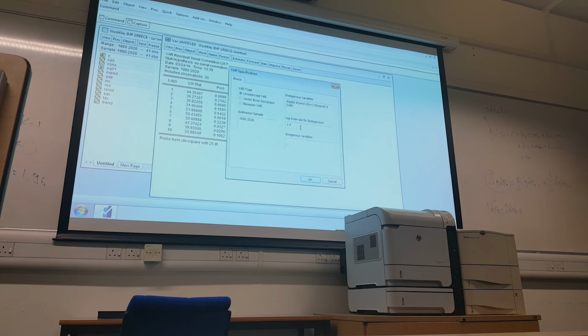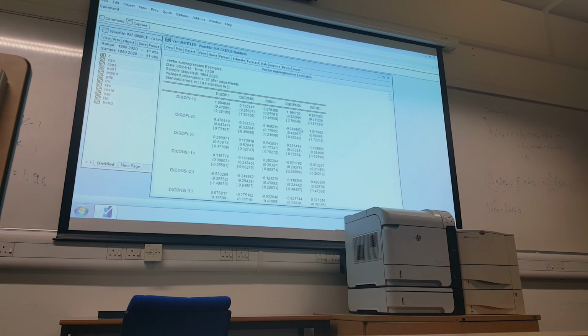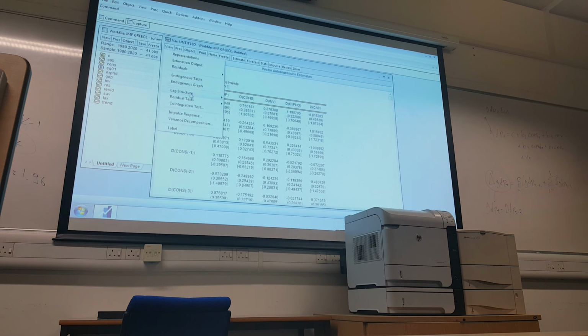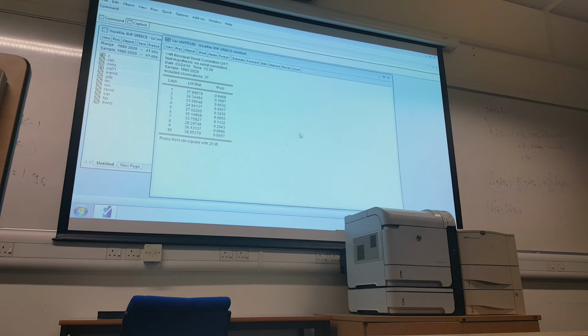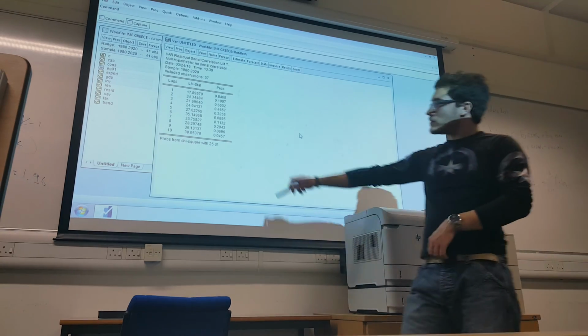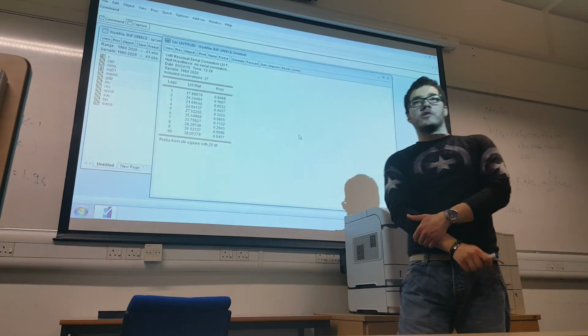Estimate, use 3 lags, press enter. Residual tests, autocorrelation, 10 lags, and do the same. What happened with 3 lags? Only the last one is significant.